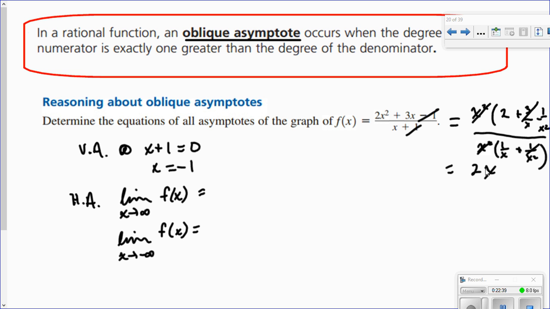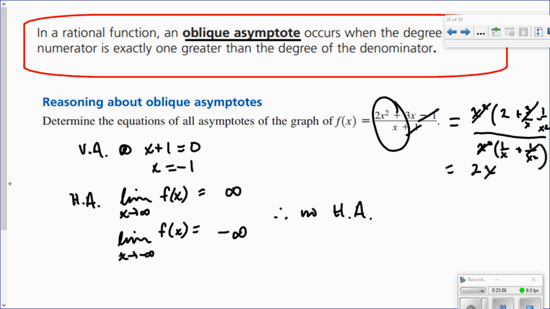The 2x squared over x leaves me with a 2x, and as x approaches infinity or negative infinity, I'm really tending to go off here. So there's no horizontal asymptote.